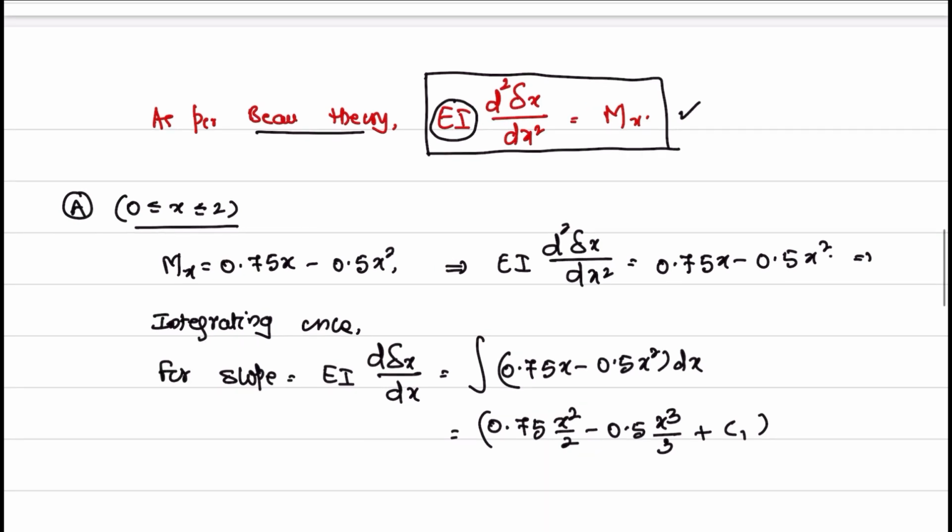This equation is for slope. Now, we integrate further for deflection.